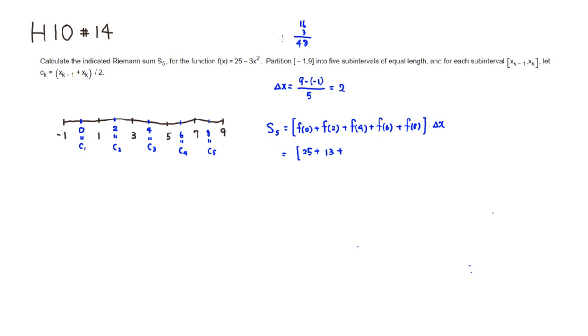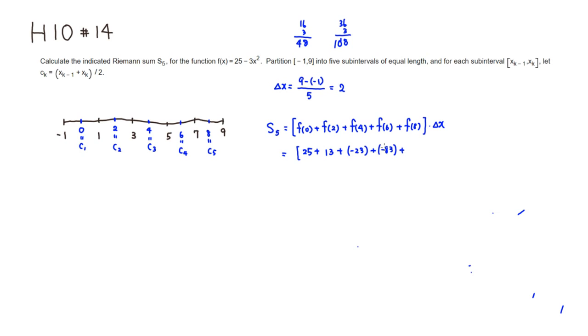So 25 minus 48 would be -23. And plus, plug in 6: 6 times 6 is 36, times 3 is 108. So 25 minus 108 would be negative 83.